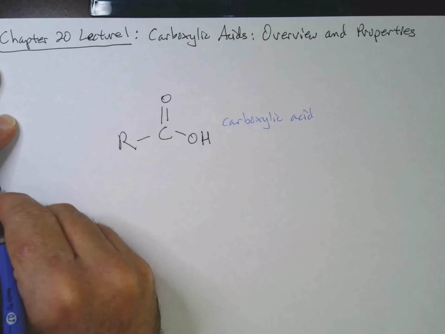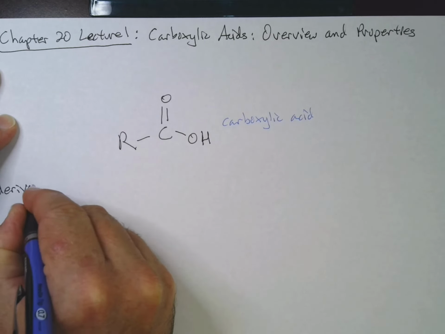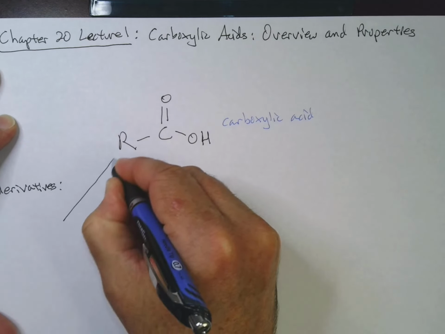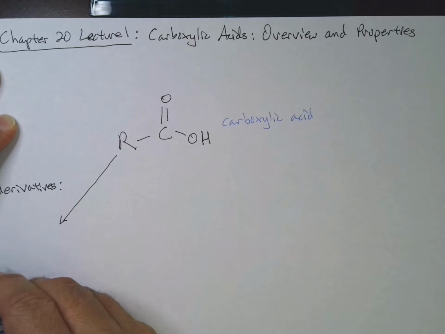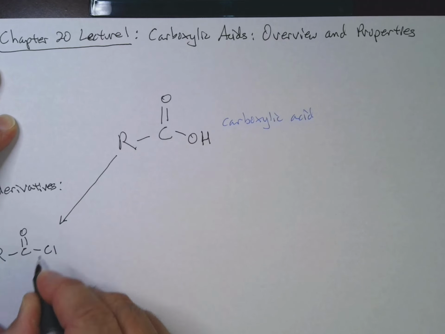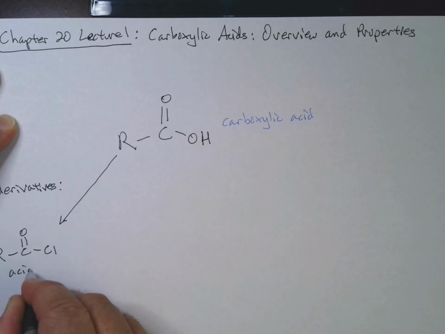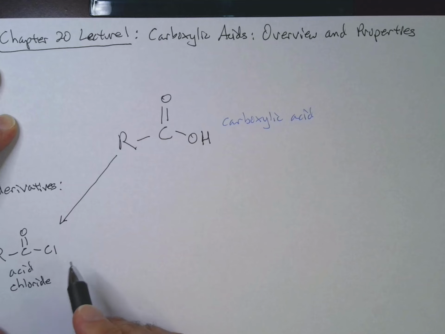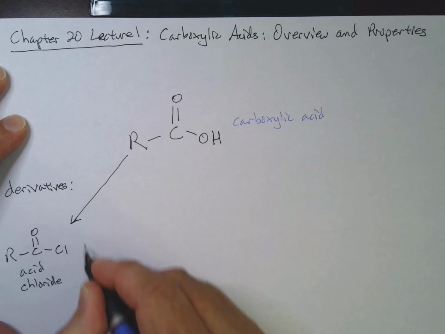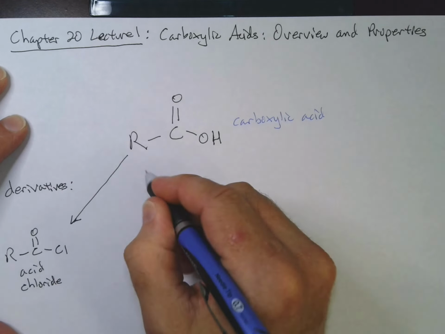Now we can make some derivatives of these. And the text does mention a few. These include acid chloride, where instead of the OH we have a chlorine.